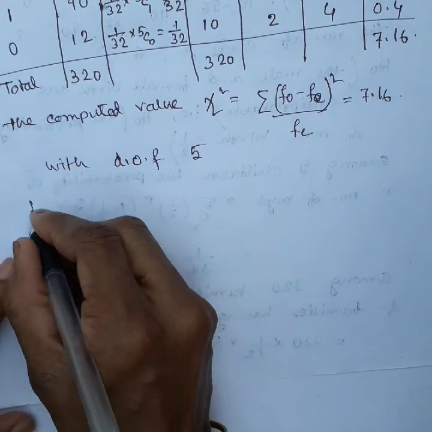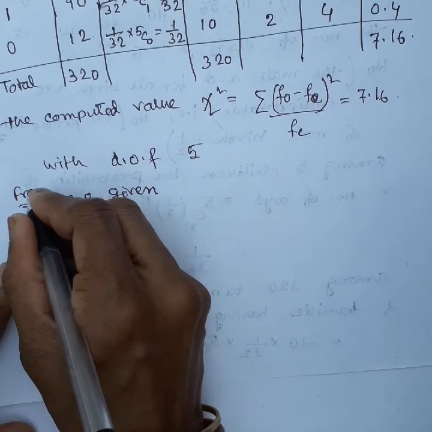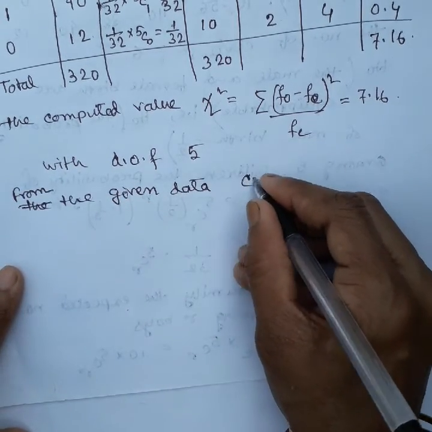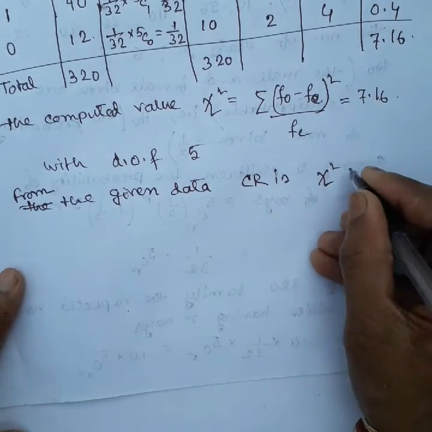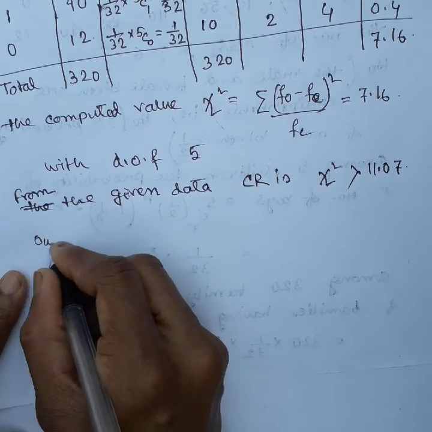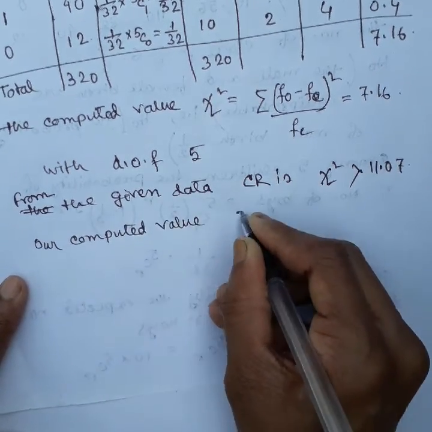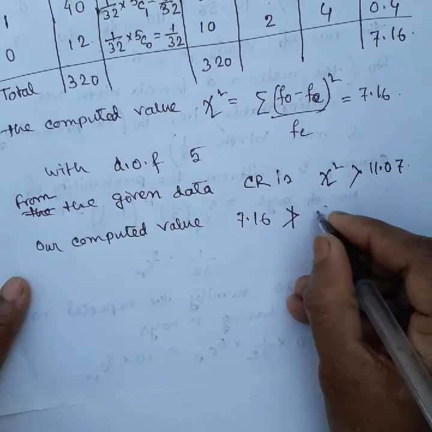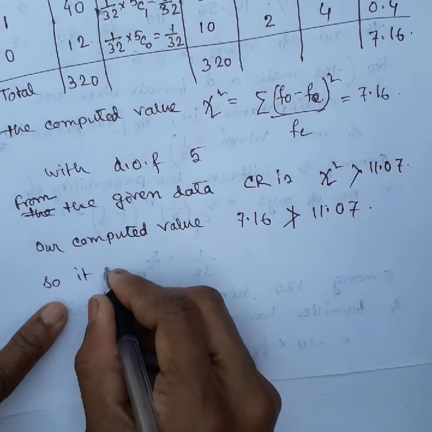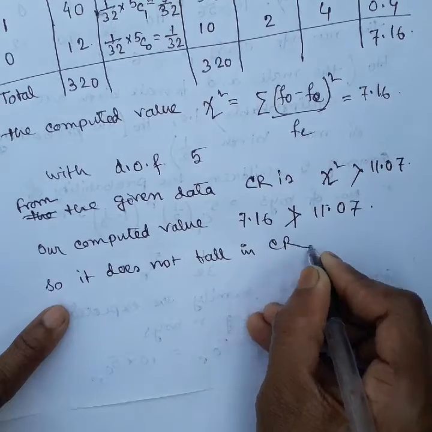Okay, and from the given data, we have CR is chi-square greater than 11.07, and our computed value 7.16 is not greater than 11.07, so it does not fall in CR.